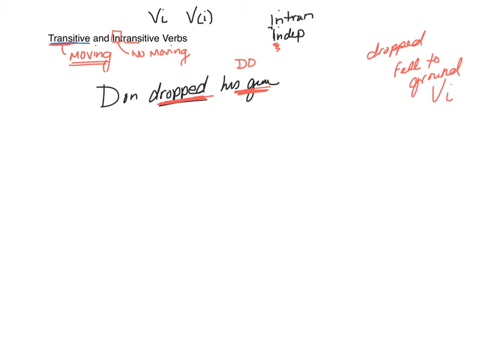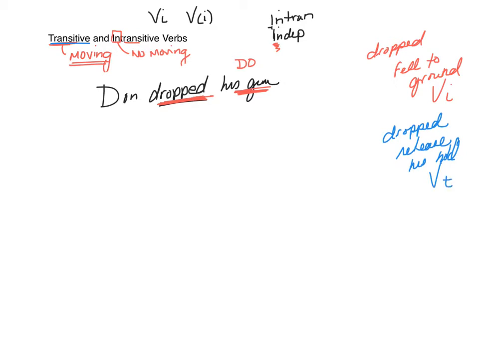Dawn dropped his gun. Well, in this case, the word dropped actually means to release his hold. Oops, I left an L out. There you go. To release his hold. So, in that case, it is a verb transitive.